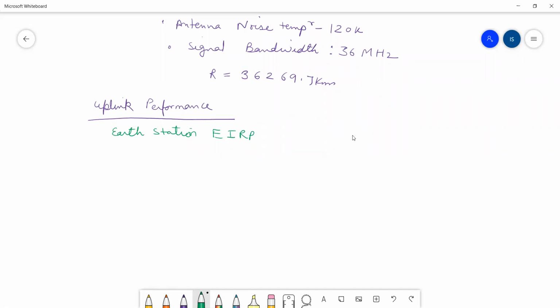Earth station EIRP. Okay, so 6 gigahertz is the uplink frequency. Okay. So what is EIRP, can anyone tell me? What is EIRP? Anyone can tell me?